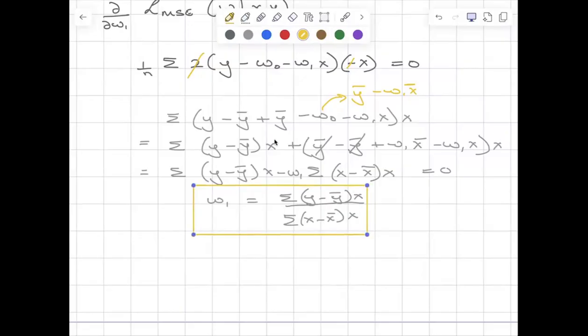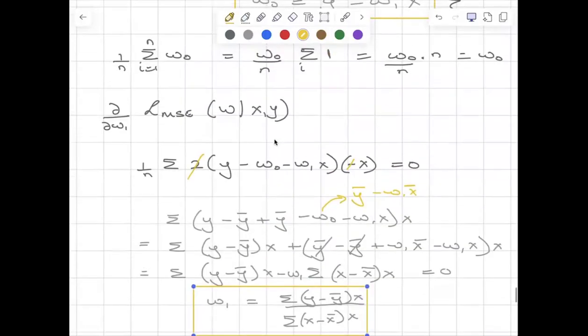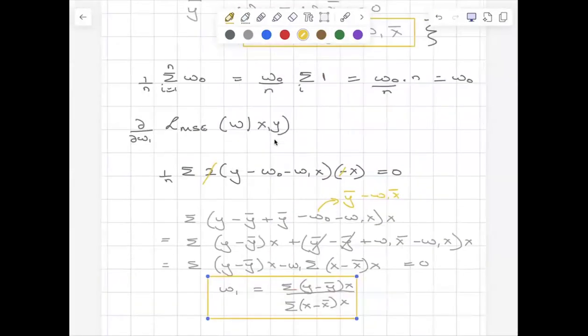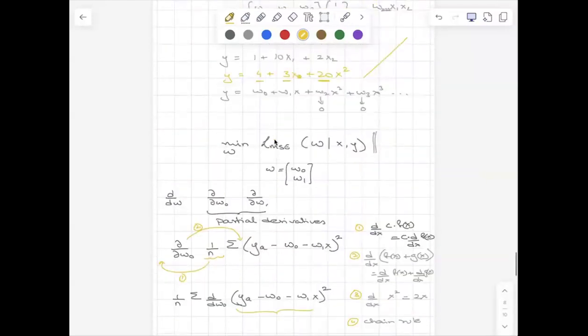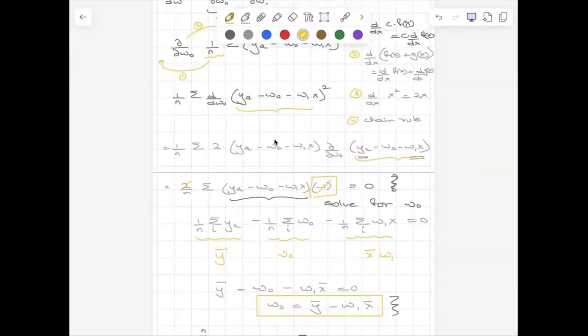Okay, again, I went very quickly out there, but let me take a step back. We have the definition of the loss function as a function of w, which is w0 and w1. I take the partial derivative of that function with respect to w0, and I get this equation.